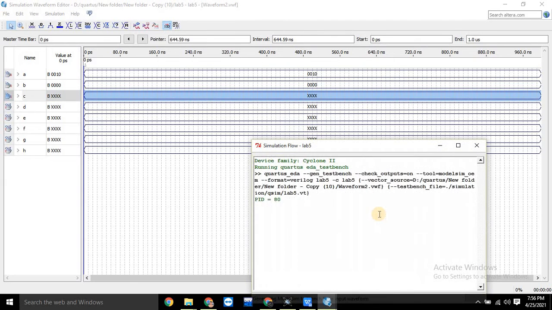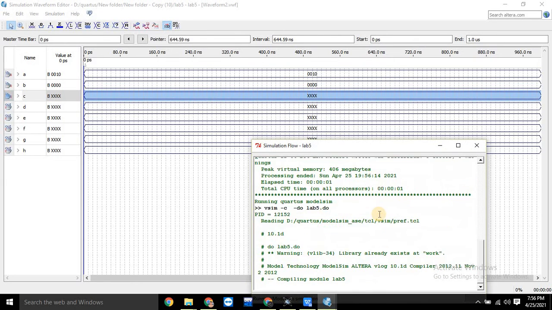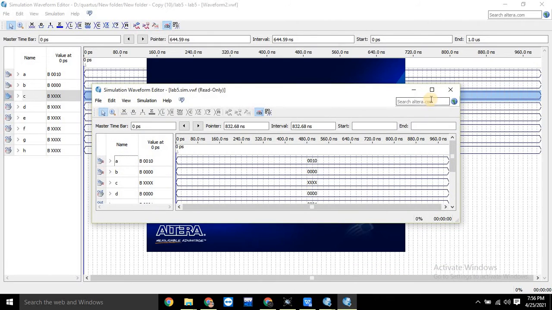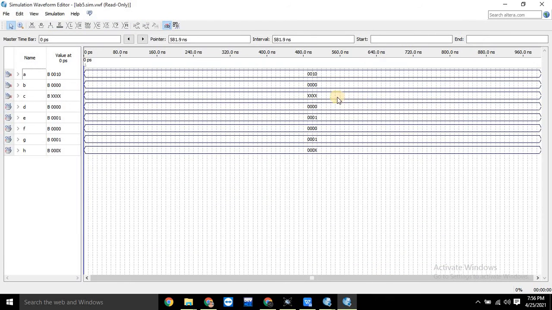So now this is the result of our code. For D, when we were comparing both the numbers with AND, both the signals were supposed to be 1 for a 1 result, but in our case one signal was 0 and one was present.